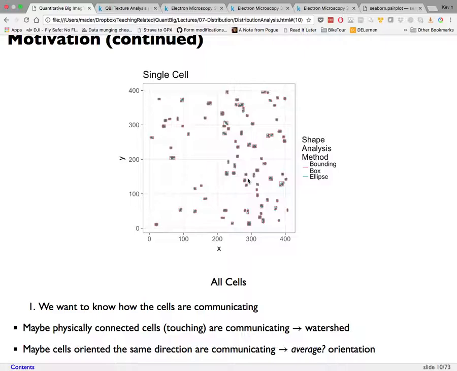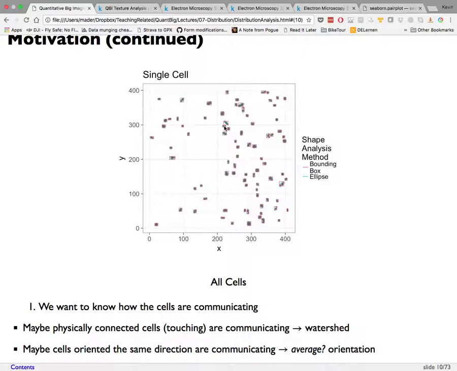If they're not physically touching, but they're oriented in the same direction, then they're probably communicating because they're feeling the same sort of forces or responding to the same chemical gradients. Then you have this problem of average orientation. If you have an angle between 0 and 360 degrees, and you take the average of 0 and the average of 360, then you end up with 180.